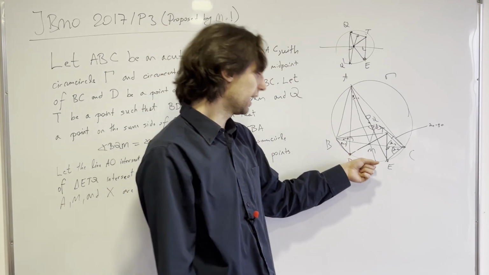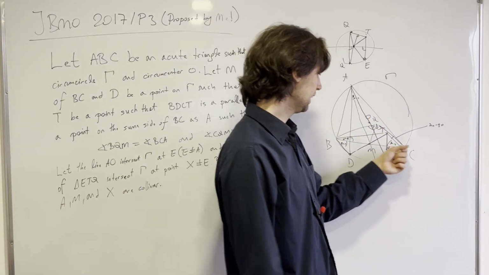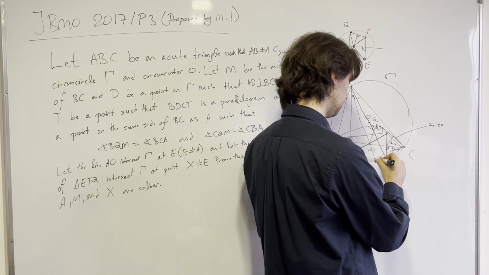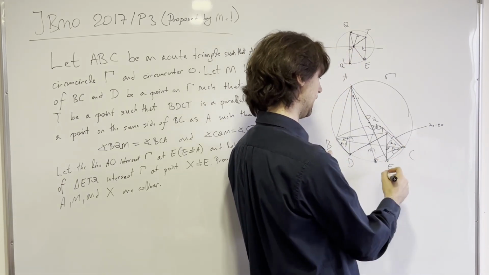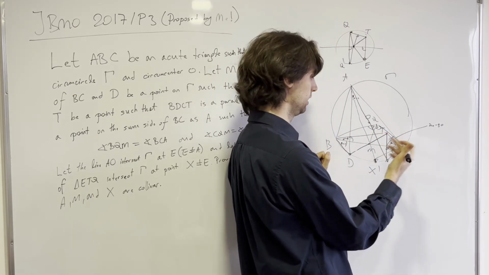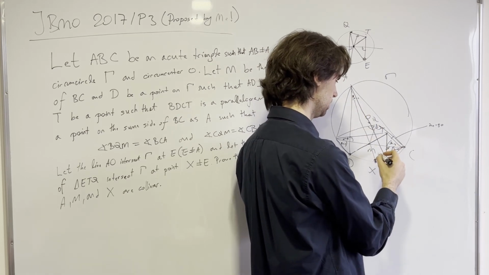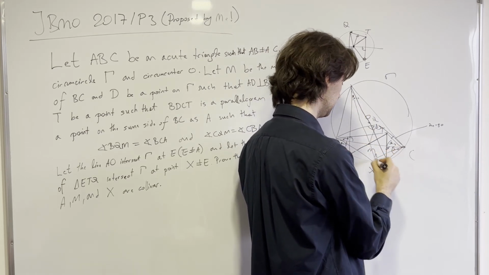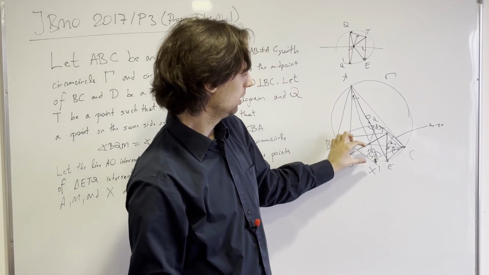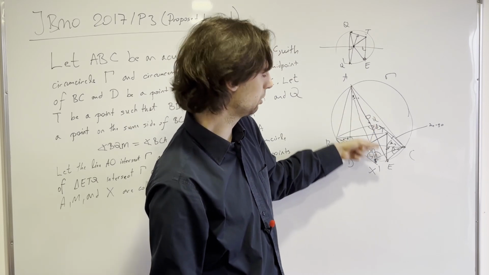So this point X has to have these two things hold for it. Once we intersect AM, if we label the intersection with the circumcircle as X prime, we'll get this is beta and this is gamma. Now, can we make an argument that these 2 points are reflections of one another?